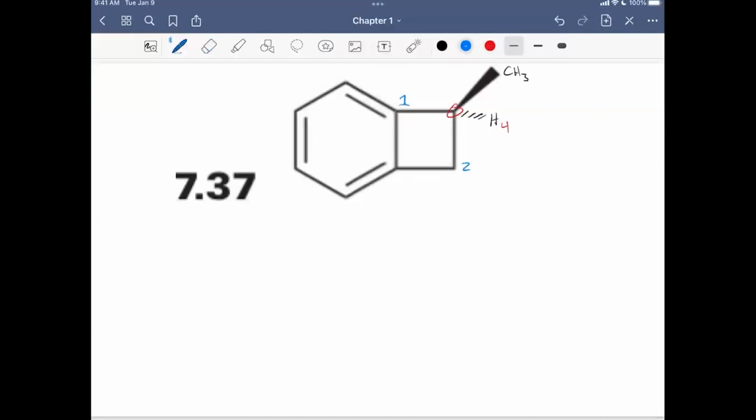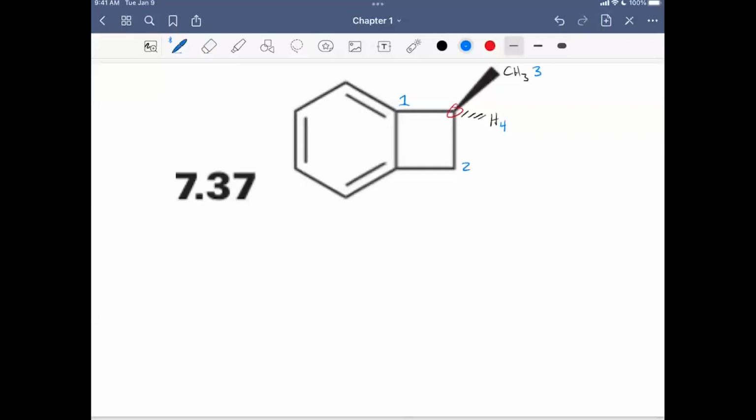And then this one, and then that methyl is our third priority. Let me just make the coloring better. There we go. So that CH3 group is worse than the CH2 group, and that CH2 group is worse than that carbon with no hydrogens.